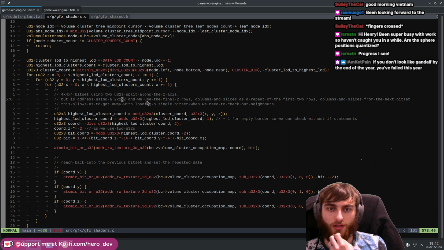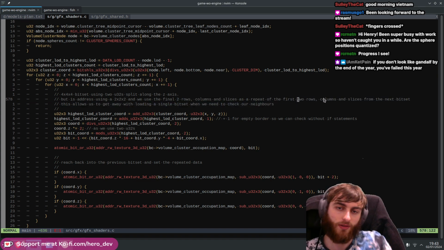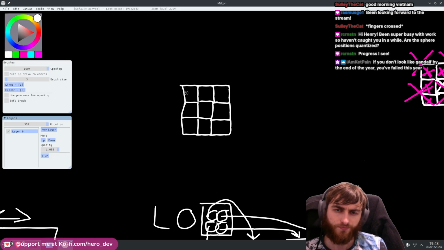So we basically use the final 2 rows, columns, and slices as a repeat of the first 2 rows and columns from the next bit set. So essentially it's a 4x4x4. Let's draw that out in 2D space. Just a 4x4.